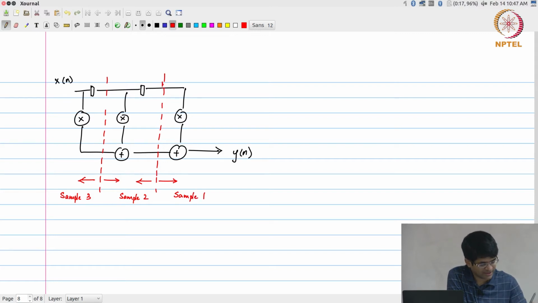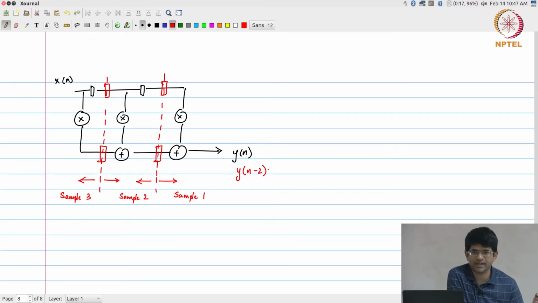What do I mean by that? It means that I can actually explicitly put registers over here and over here, and what I am going to get finally at the output is this will correspond to y of n minus 2 because it has been delayed by 2 steps.